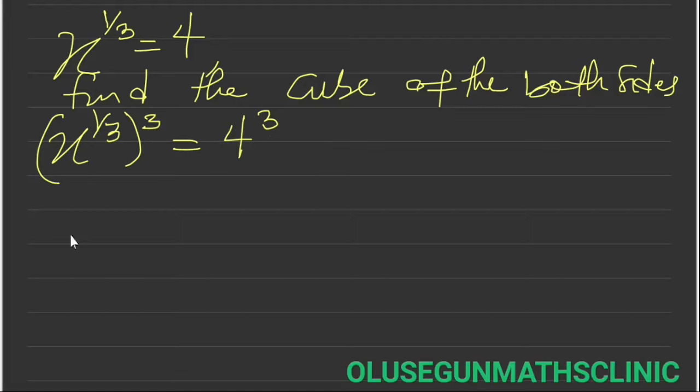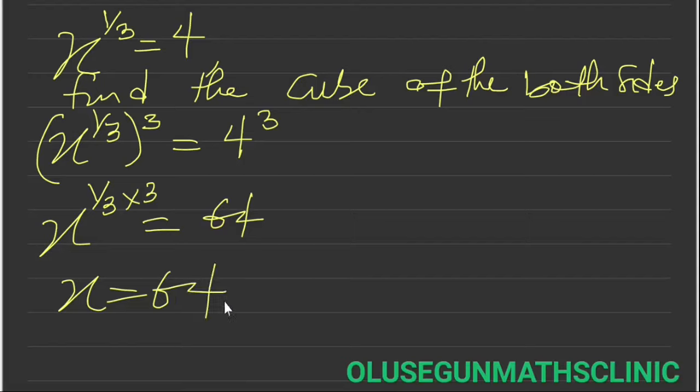So this will be x to the power 1 over 3 times 3, is equal to 64. So x here is equal to 64. That's all. Nothing else to change from that place.